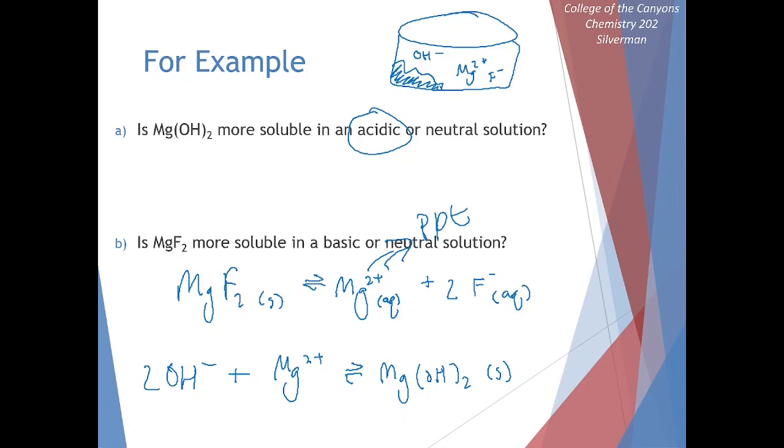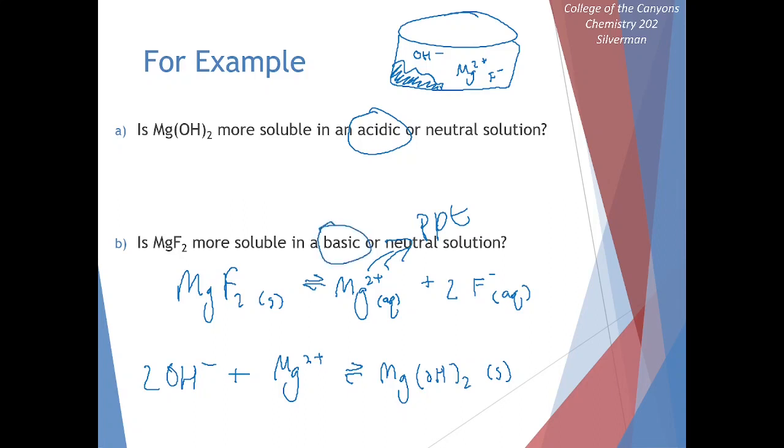This is a disturbance to our magnesium fluoride dissolving KSP equilibrium. And so in the presence of base, we're removing product, we'll have to shift forward. In the presence of base, our magnesium fluoride will be more soluble because it's turning into magnesium hydroxide.